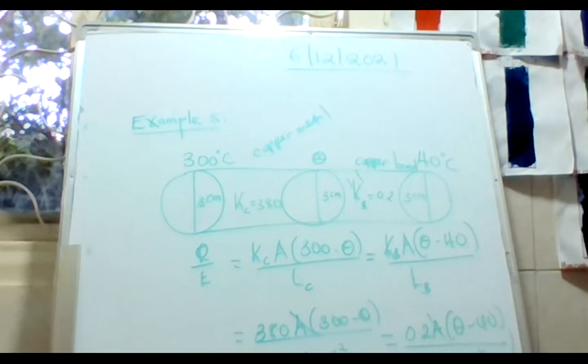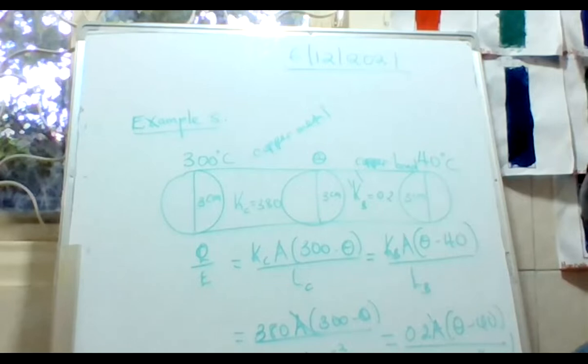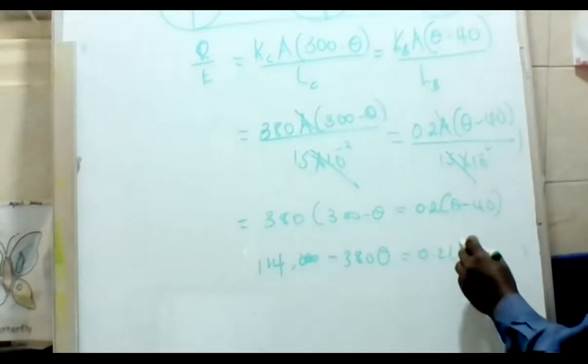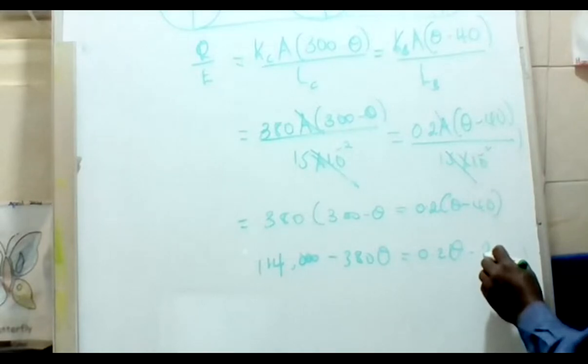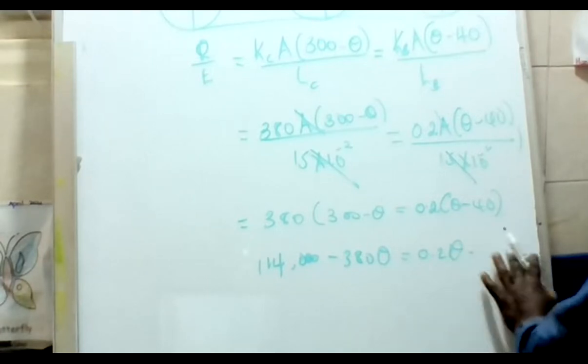You can multiply this and see what it gives. 380 times 300 gives 114,000, minus 380 theta is equal to 0.2 theta minus 8.